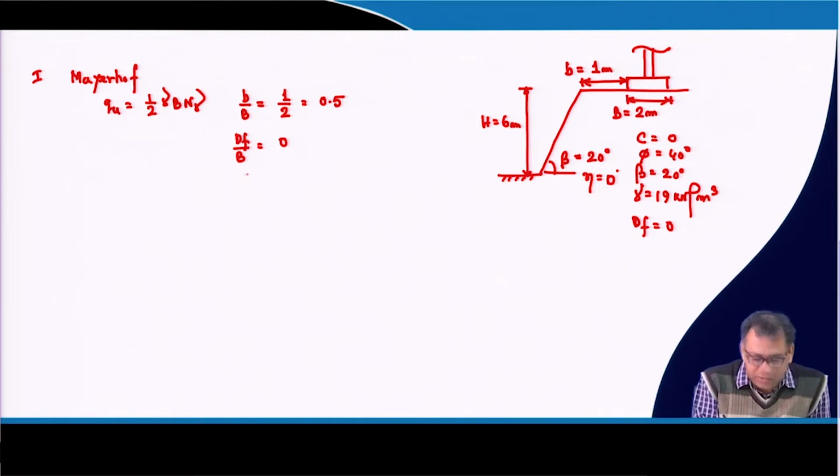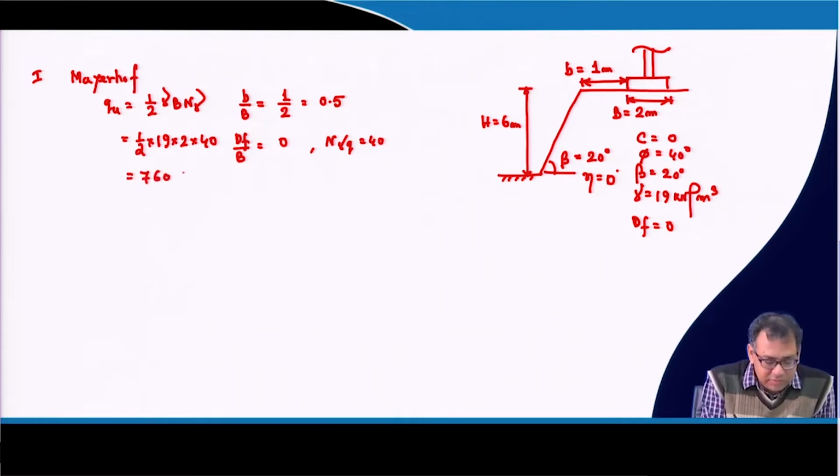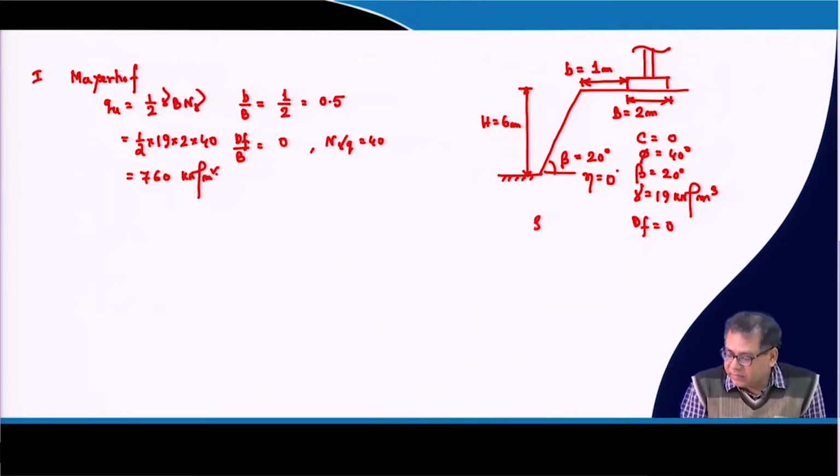So, corresponding N_gamma q is equal to 40. Okay. So, q_u will be half into 19 into 2 into 40. So, it is 760 kilonewton per meter square, and remember that this is a strip footing.